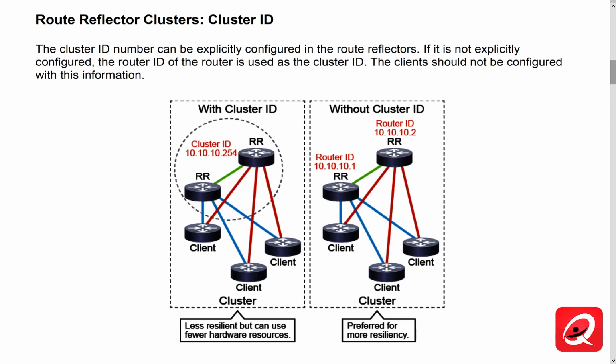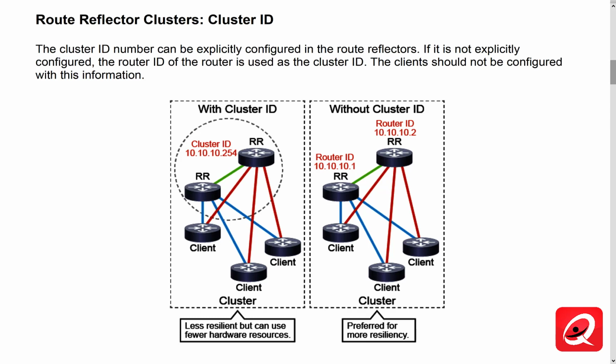We have an IP address, or the router ID, for the bottom left route reflector, which is 10.10.10.1, and the top right route reflector is 10.10.10.2. Now, to prevent loops, the route reflector is going to add that router ID of that reflector to the cluster list of the routes that it actually reflects to its iBGP speakers.